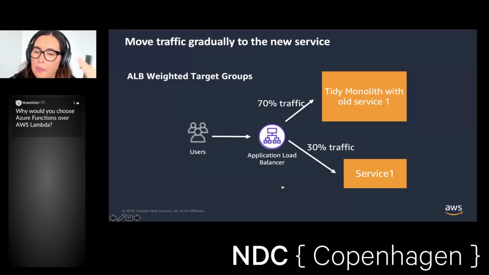For example, there are load balancers that you can put in front of your new service that will let you send 30% of the traffic to the new service and 70% to the old service. In this way, you can test your new service and not really affect all your users. You can move 5%, 1%, I don't know, depending on the load that you have in your application. So in this way, it makes your migration life way easier.